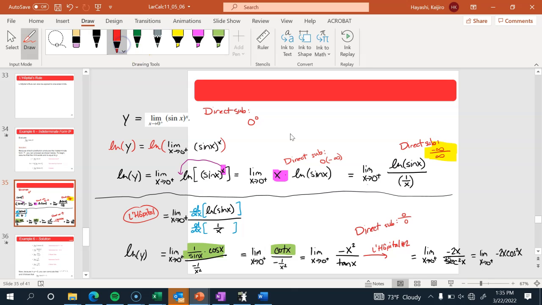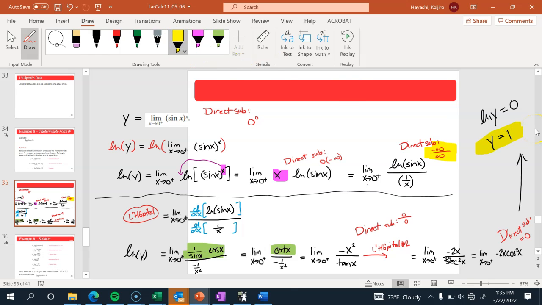And finally, when you directly substitute this, 2 times 0 times 1. So this equals 0, which means the natural log of y equals 0, so y must be 1.